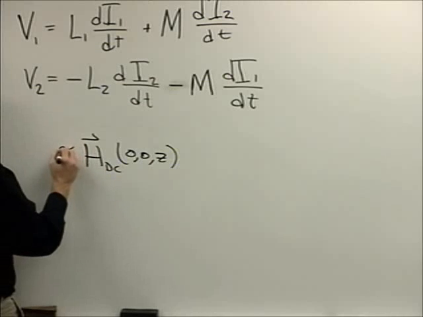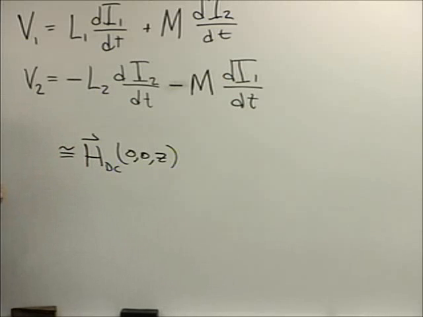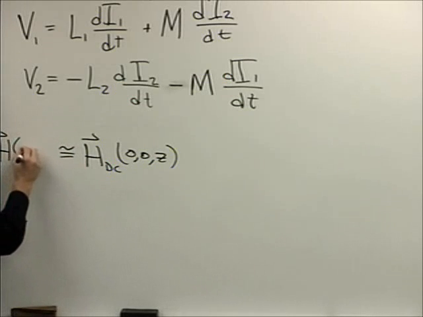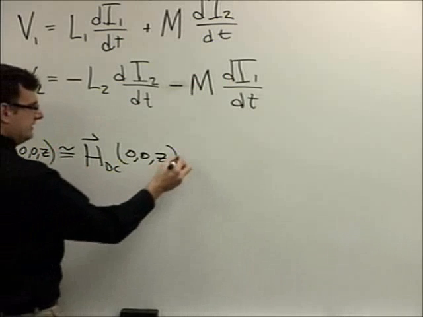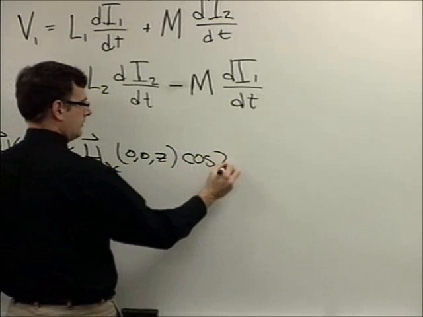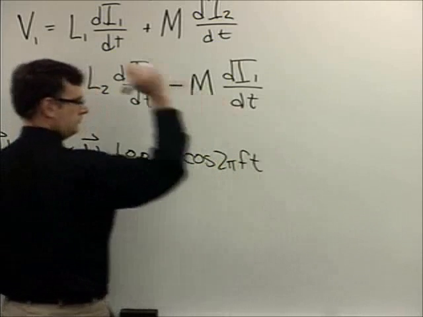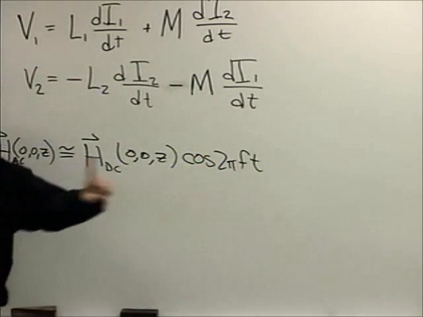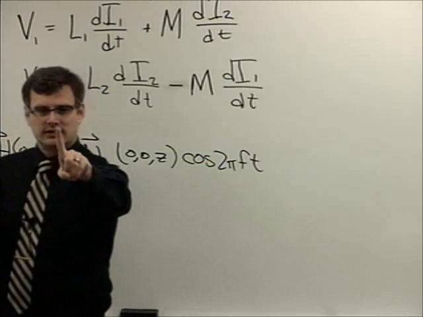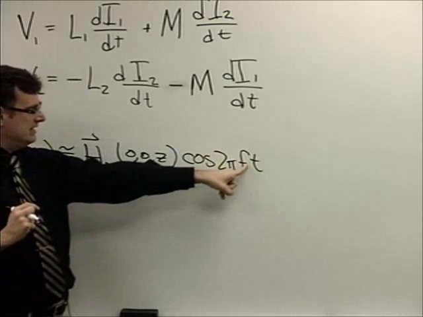And we can make a little assumption here. This is a bit of a cheat, but you can do it at low frequencies. The AC field is equal to the DC field times cosine 2 pi f t, whatever the frequency of excitation is, provided that that frequency is low.